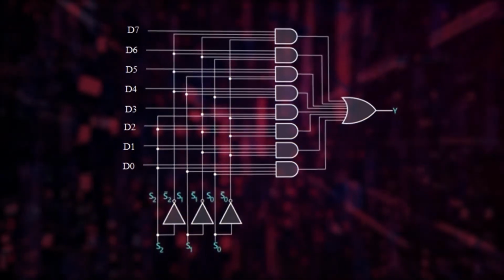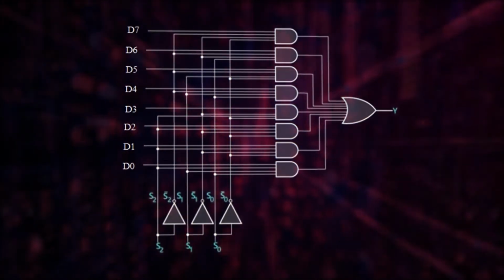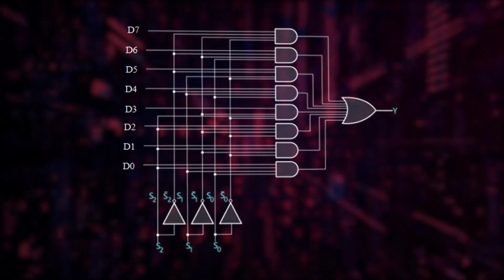This is the circuit diagram of the 8 to 1 multiplexer designed from the expression Y.